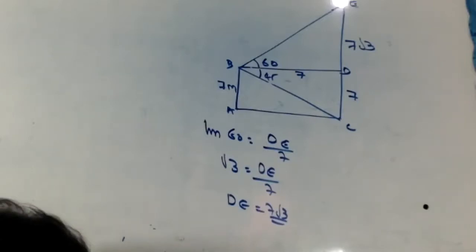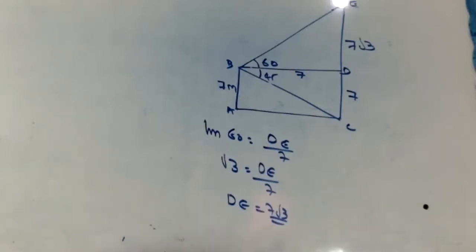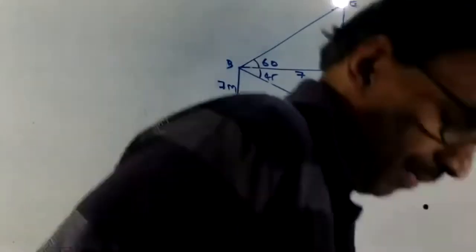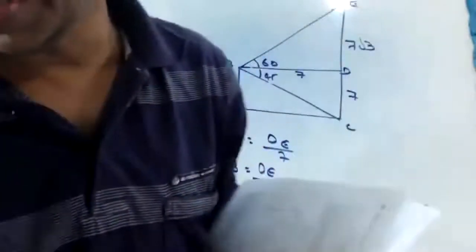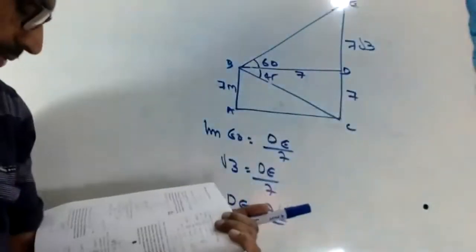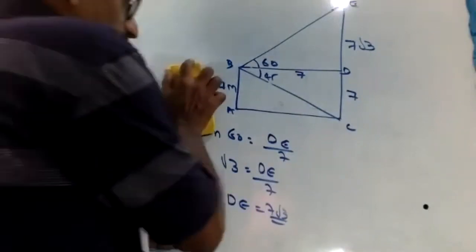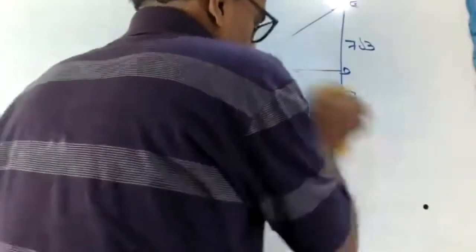If one ship is exactly behind the other on the same side of the lighthouse, find the distance between the ships.